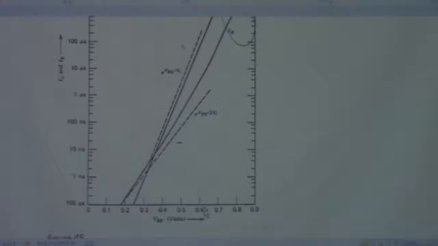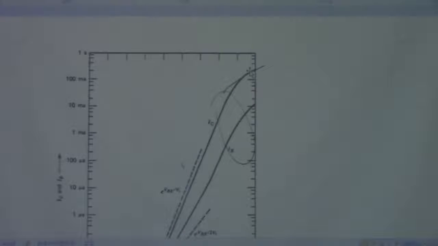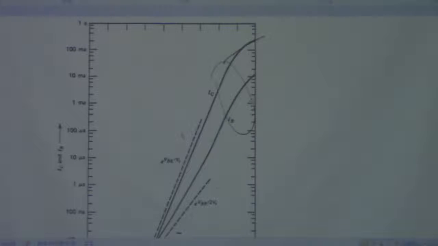Then over most of the base-emitter voltages we have injection current, and at the later part we have a roll-off of the beta, which means a decrease in the base current because of the resistance problem between the emitter and the base. We are going to talk about the resistance problem later.